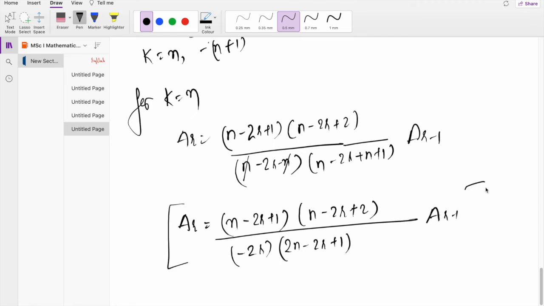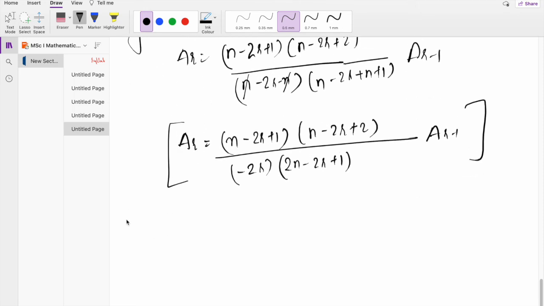So we had calculated a_r in terms of a_r minus 1. Just put r equals 1, so this will give me a1.